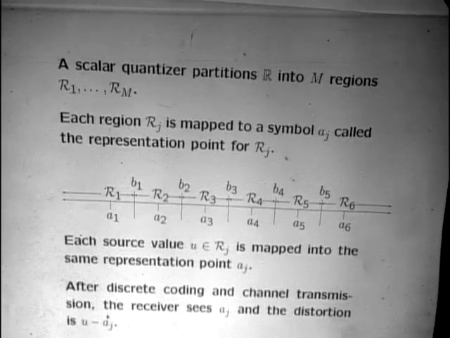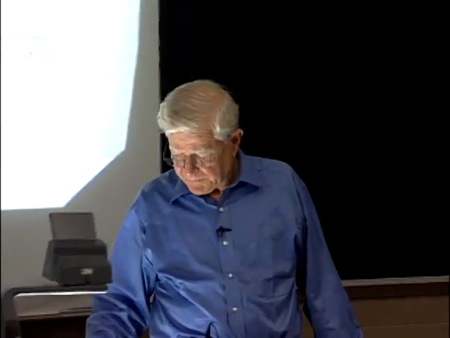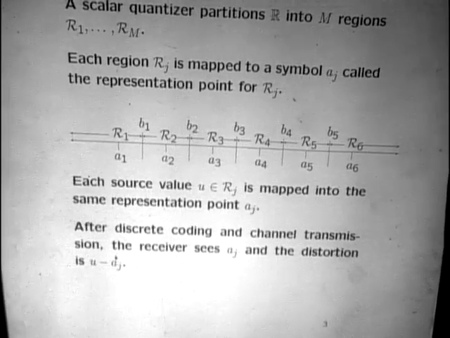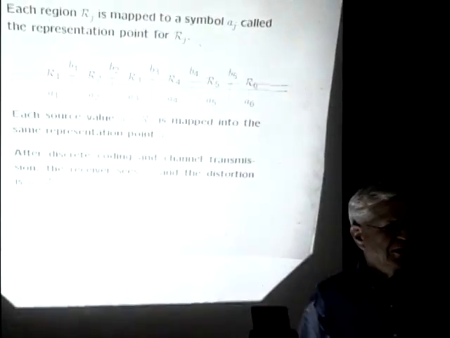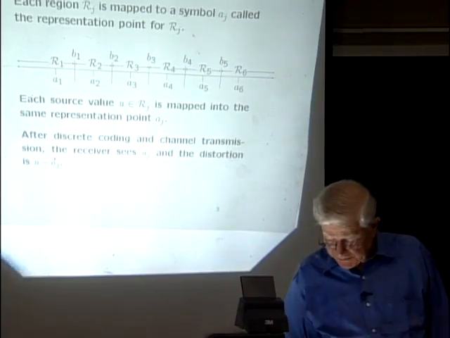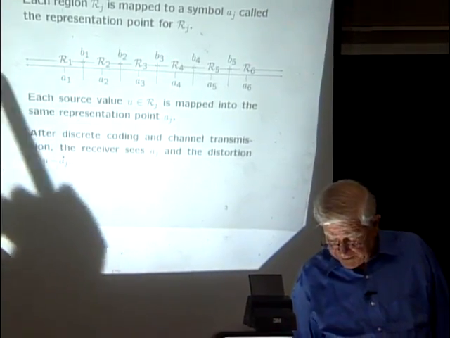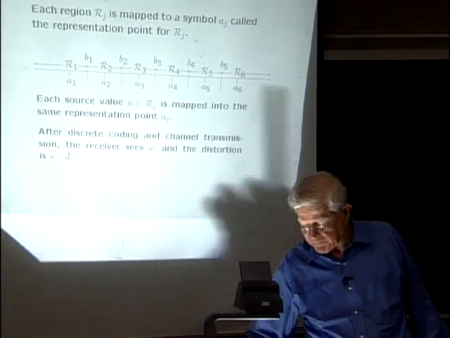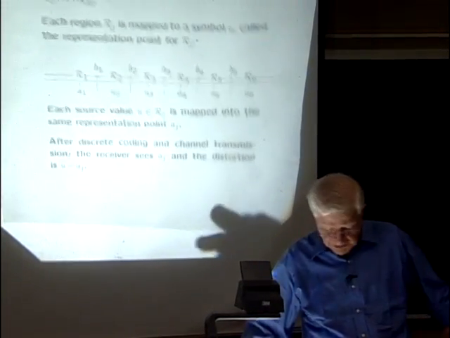So our problem here is somehow to trade off between distortion and number of points. As we make the number of points bigger, we can presumably make the distortion smaller in some sense, although the distortion is always going to be very big from these really big negative numbers and from really big positive numbers. But aside from that, we just have a problem of how do you choose the regions, how do you choose the points.